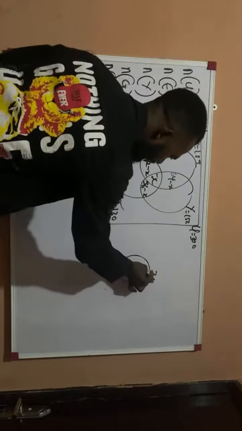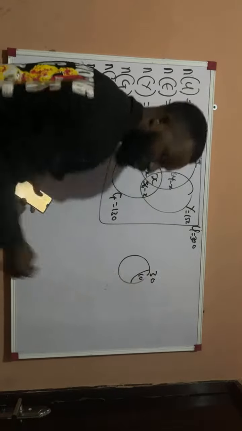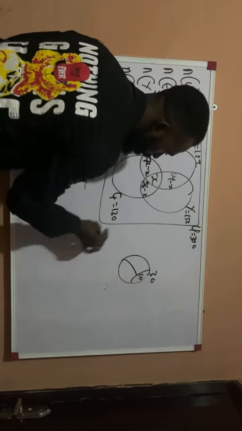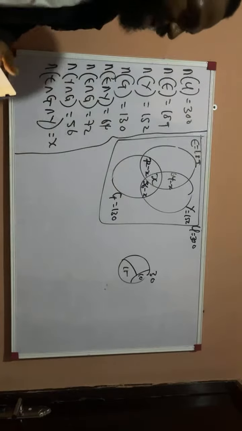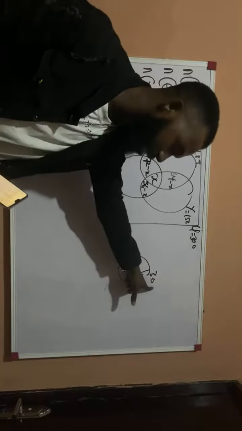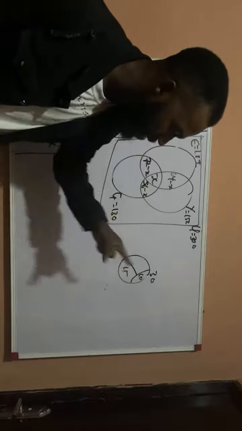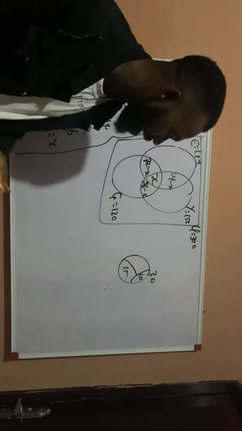At this point we have 10 red balls, and at this point we have 15 again red balls. Don't forget that the total balls here is 30. If you are asked what number of balls will be here, I bet you will say the answer is 5.